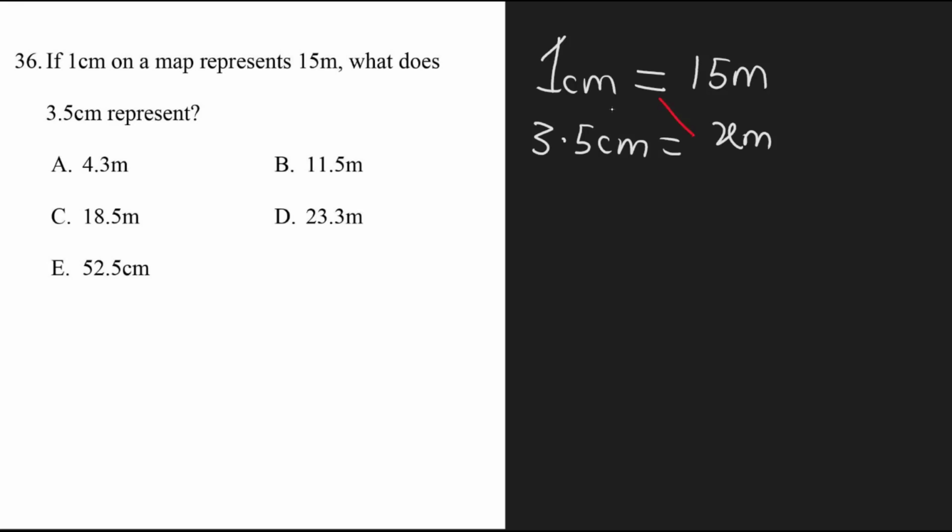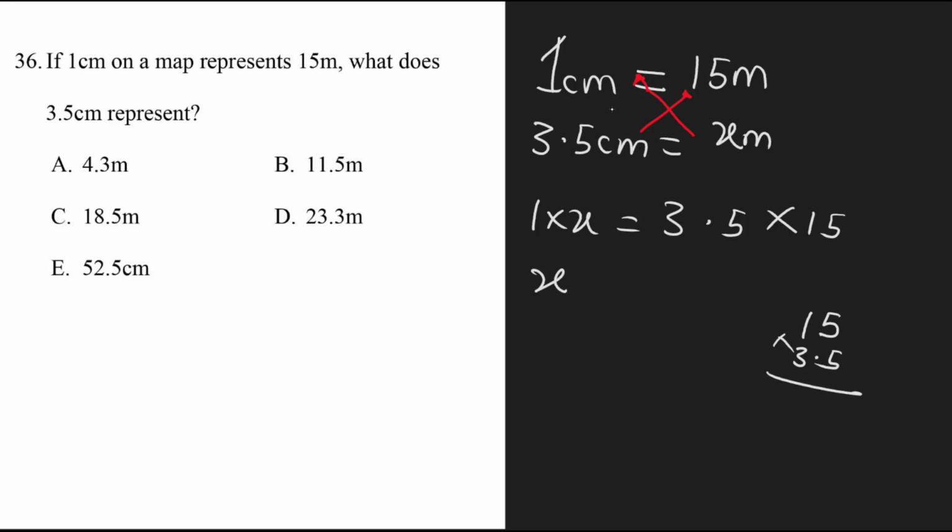We cross multiply. x will multiply by 1 and 3.5 will multiply by 15. We're going to have what? 1 times x equals 3.5 times 15. So 1 times x is x, equals 3.5 times 15. So let's multiply and see. 15 times 3.5.